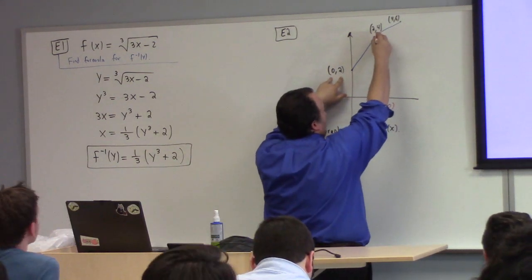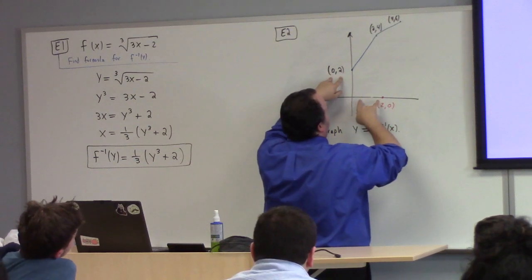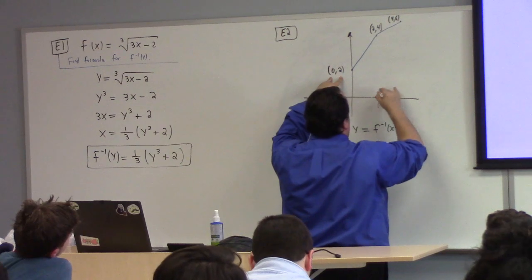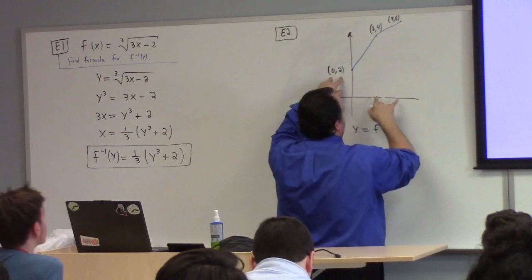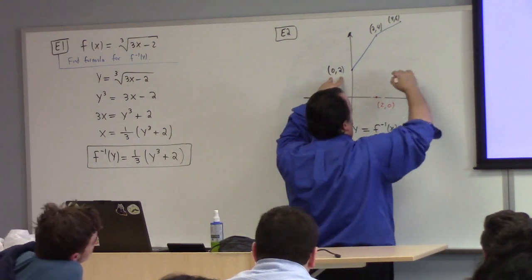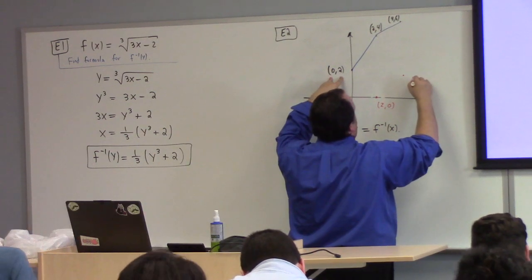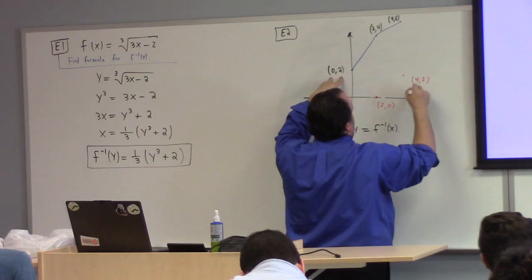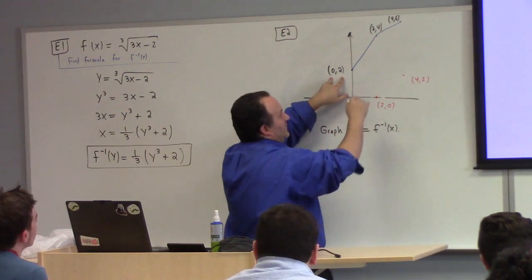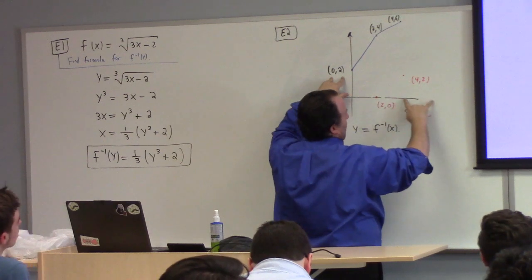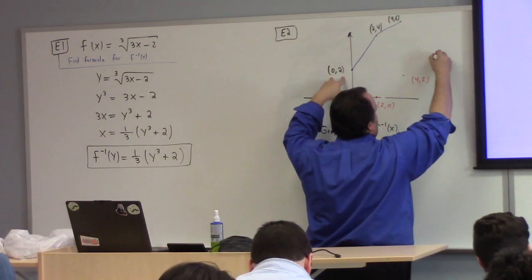This one, (4, 2), that should be it right under that. And then (4, 2) would be like here-ish. And then finally, (4, 6) flips to (6, 4), so roughly here-ish.